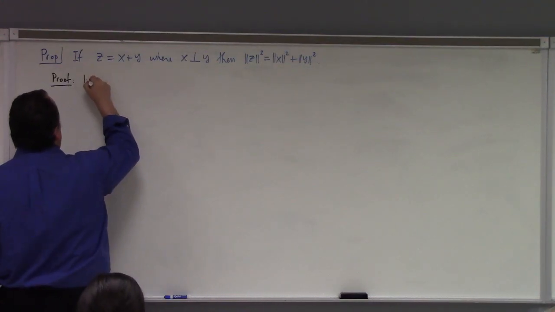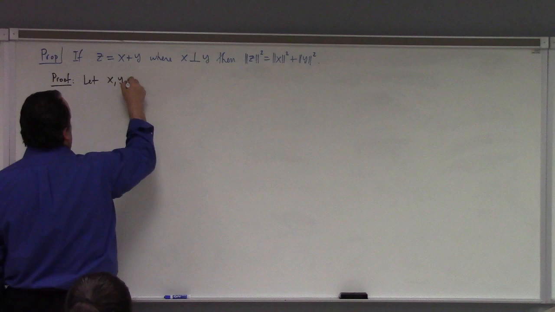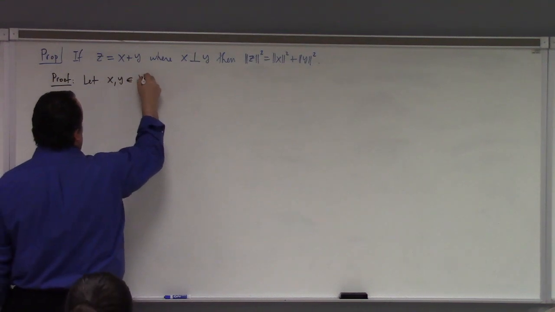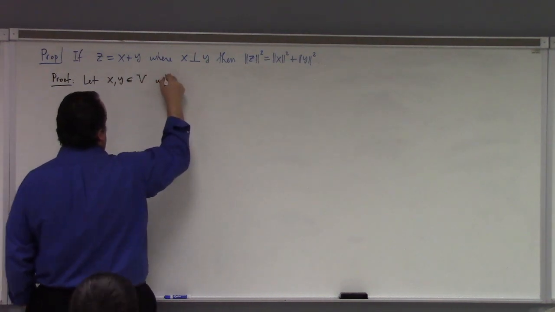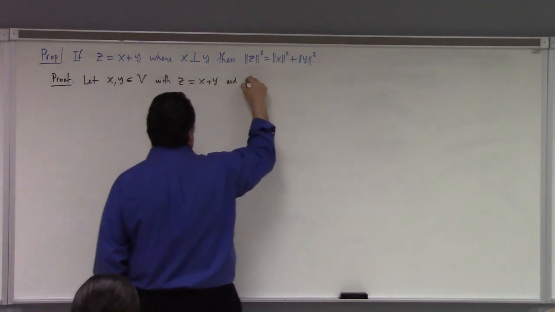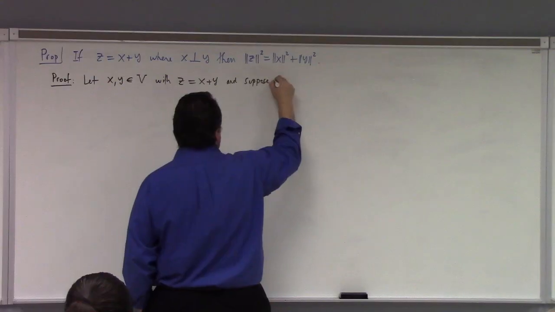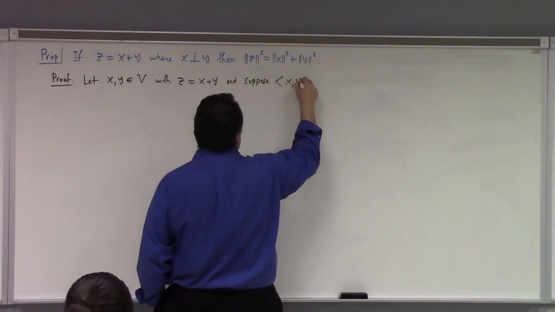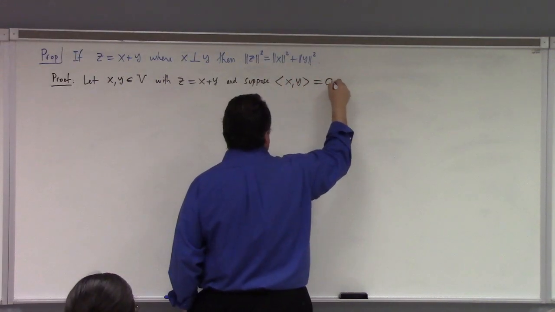So let x, y be in V with z equal to x plus y, and suppose that the inner product of x and y is equal to 0.